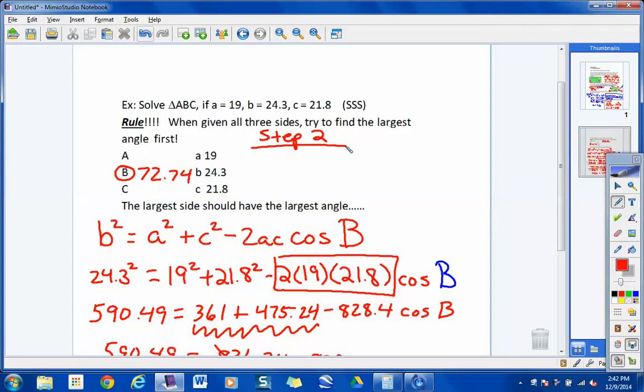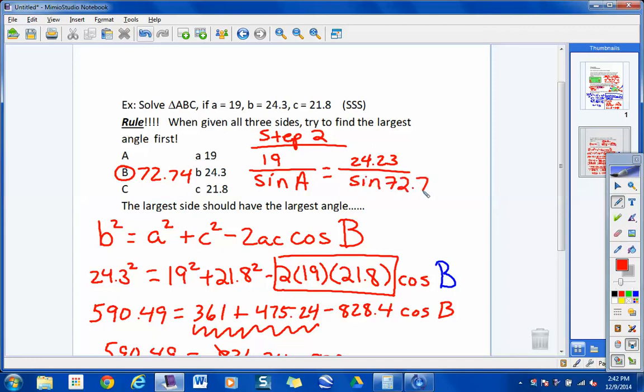So I'm going to say 19 is to the sine of angle what? Just the sine of A, isn't it? Yeah, 19 is to the sine of angle A as 24.3 would be to the sine of what was our angle? 72.74?